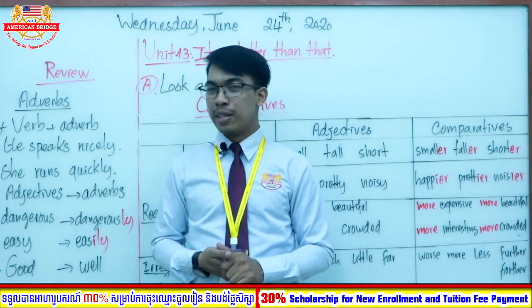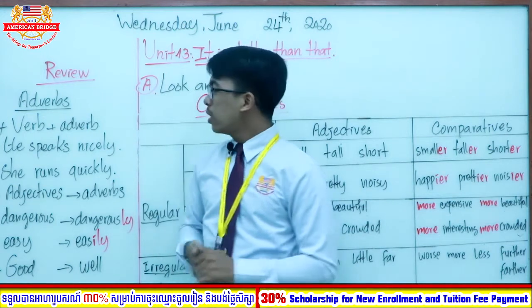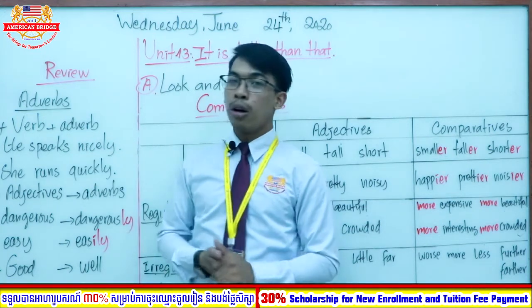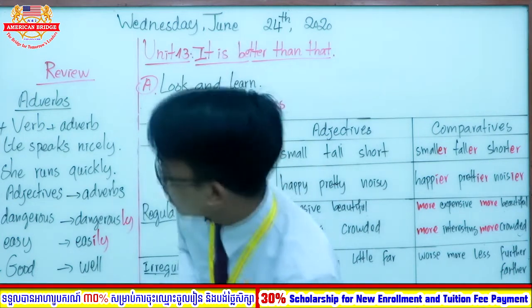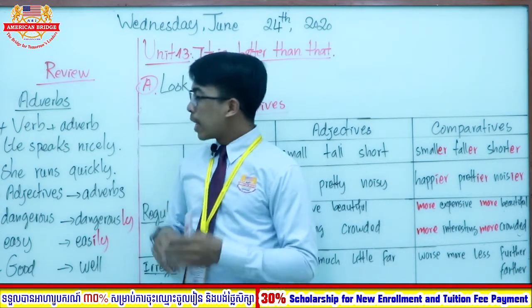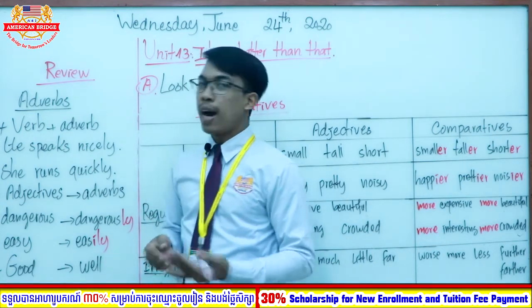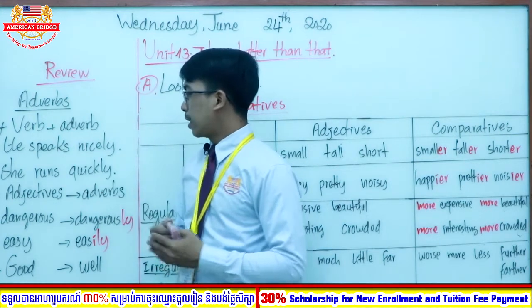Yes, very good. Let's look at the whiteboard all together, everyone. This is an example of the form verb plus adverb. The first example: he speaks nicely. He speaks nicely.